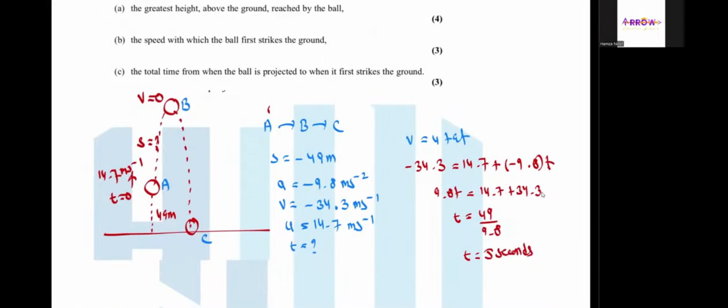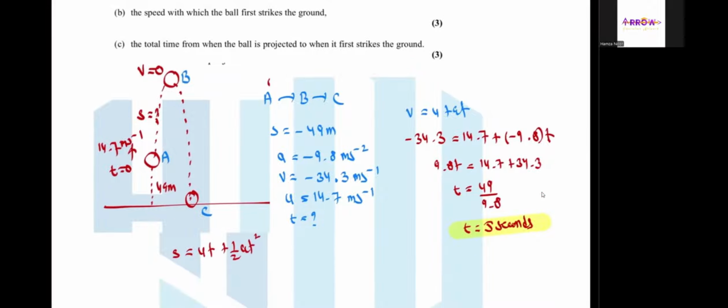Alternatively, you can use this equation as well: s is equal to ut plus half at square, in which displacement is minus 49. So minus 49 is equal to 14.7t plus half times minus 9.8 times t square.